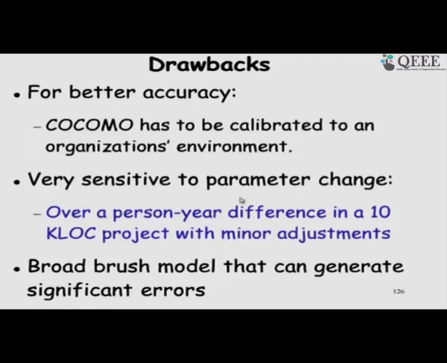Also, the adjustment factors in the intermediate model are directly multiplied, and therefore they can make a huge difference to the estimation of effort and time. The model is very sensitive to parameter change, so we should estimate the adjustment factors very discretely, otherwise it will give a large inaccuracy.